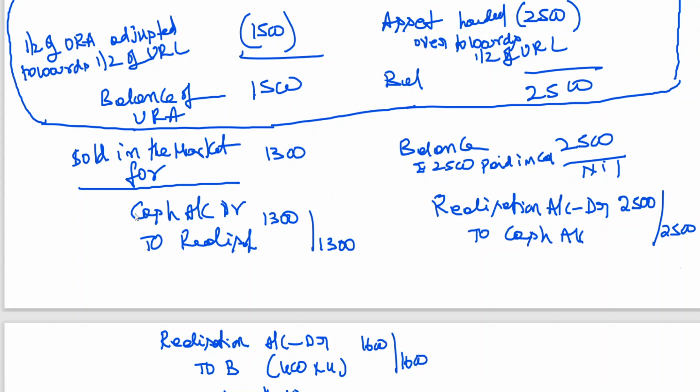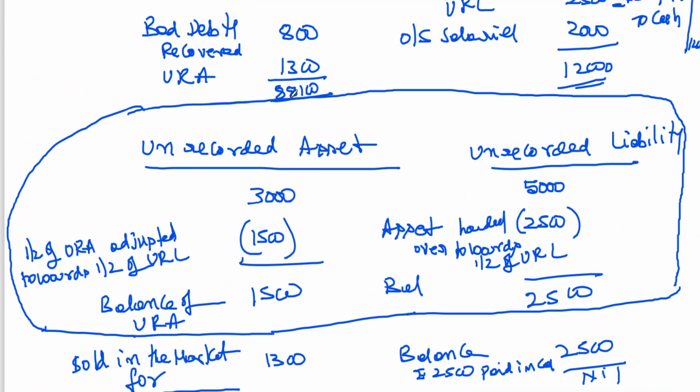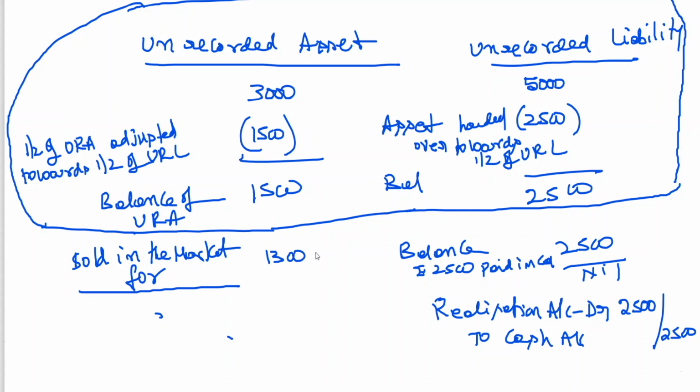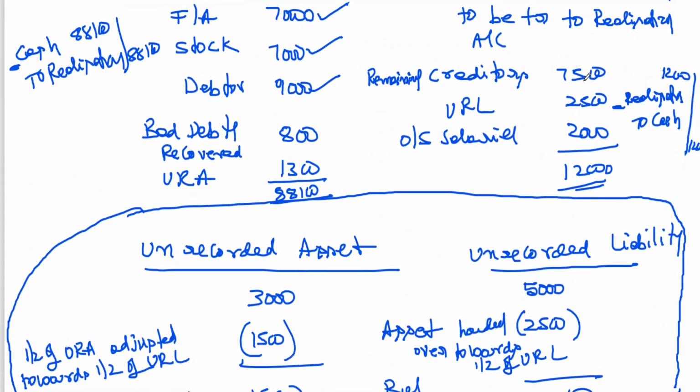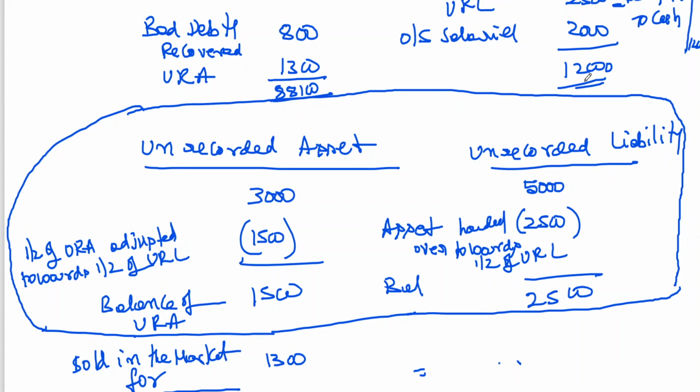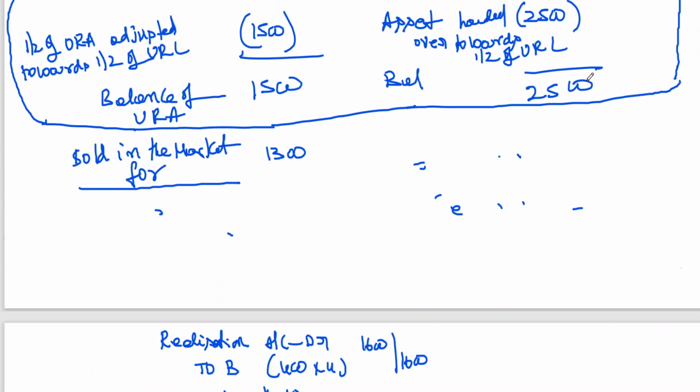This also I've already given, the entry amount included there, 1300 rupees included here. And the balance of unrecorded liability also given. This 2500 is also included there. Unrecorded liability, whether included or not, let me see. Included. Okay.